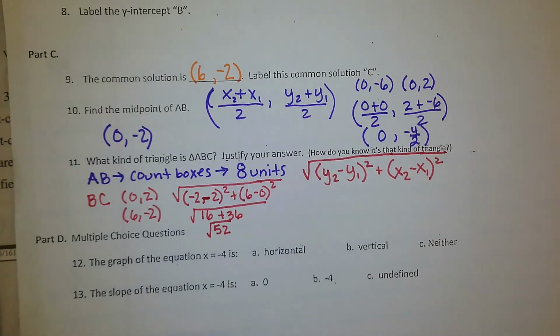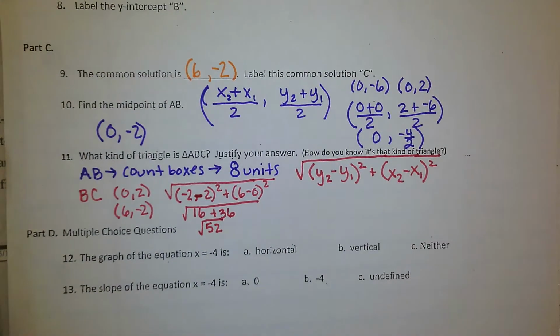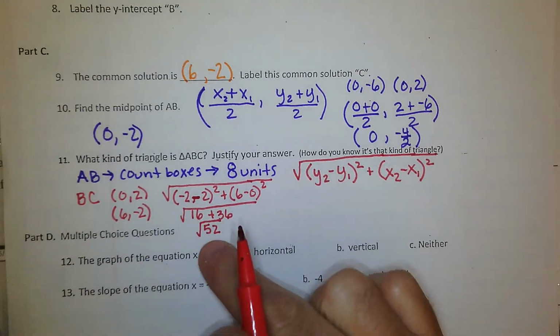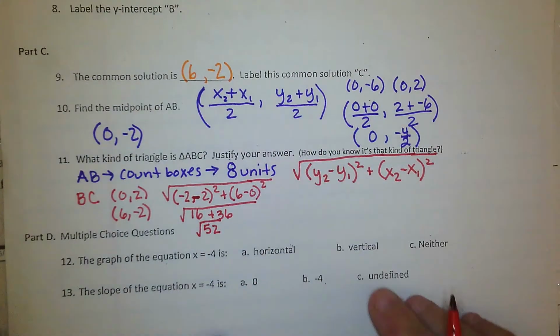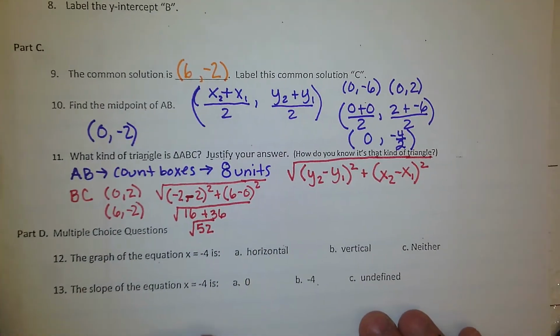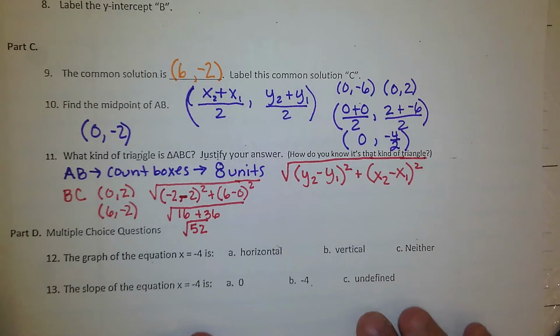So the square root of 52 is not 8. The square root of 64 is 8. So it's a little bit smaller than our AB. Okay, so right now it's not equilateral. We have one more distance to do before we can classify.